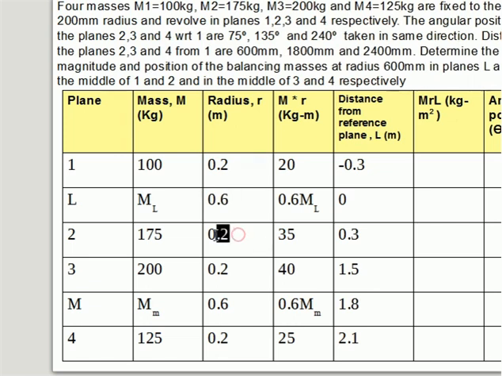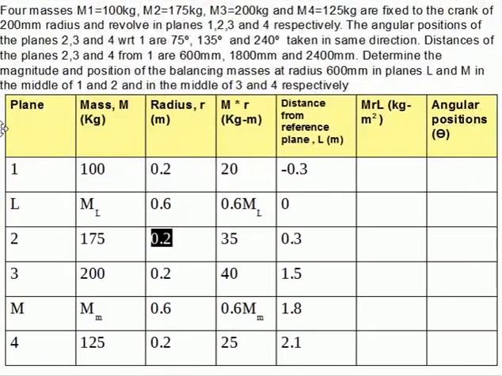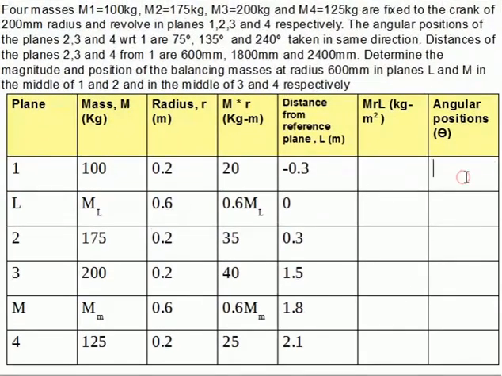Then we'll go for the next mass 2. Radius is 0.2. Its inclination is 75 degree with respect to mass 1. We'll write the inclination values also. 1 is inclined at 0 degree, 2 is inclined at 75 degree, 3 is inclined at 135 and 4 is inclined at 240 degree.